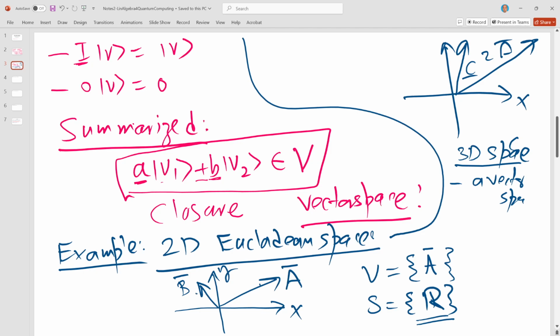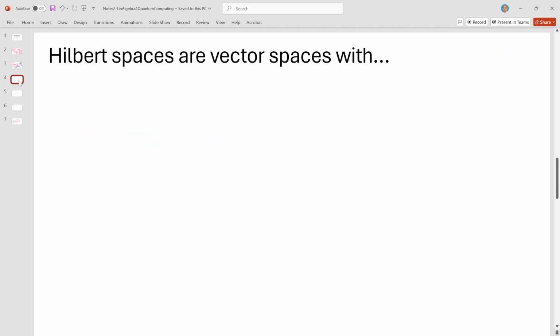Let's now see what a Hilbert space is. A Hilbert space is nothing but a vector space with an additional requirement.